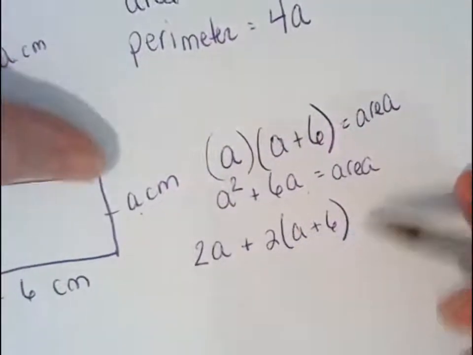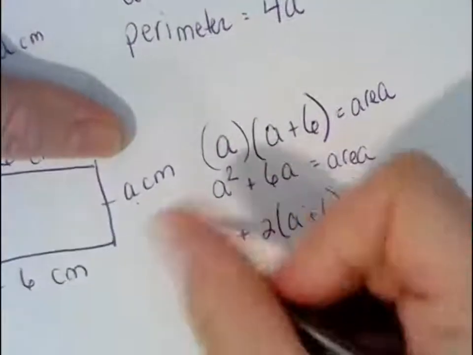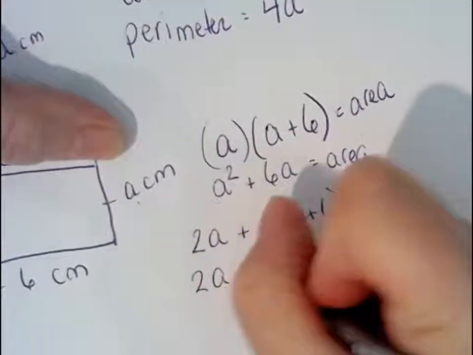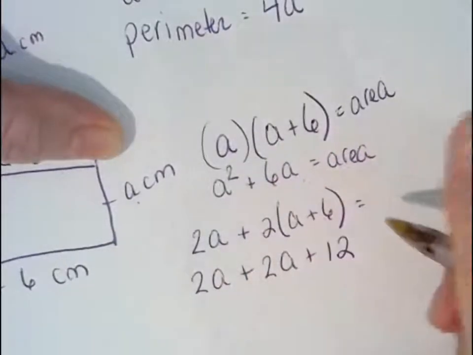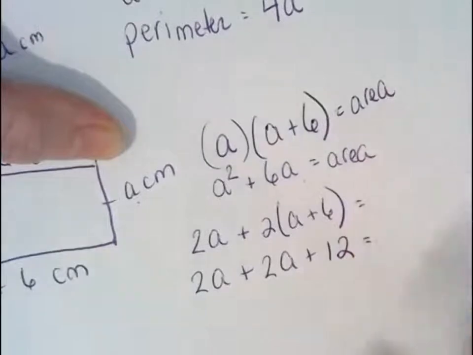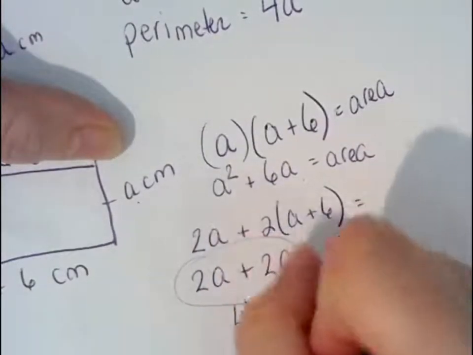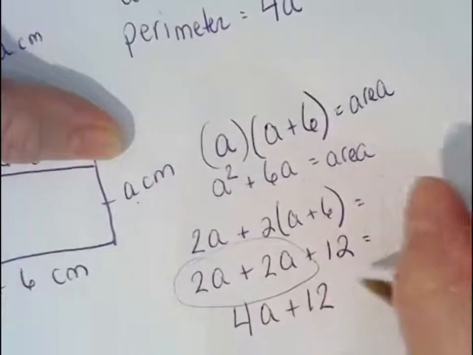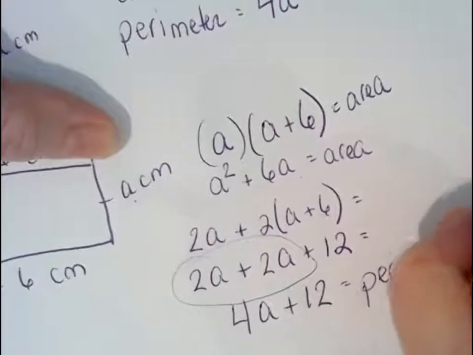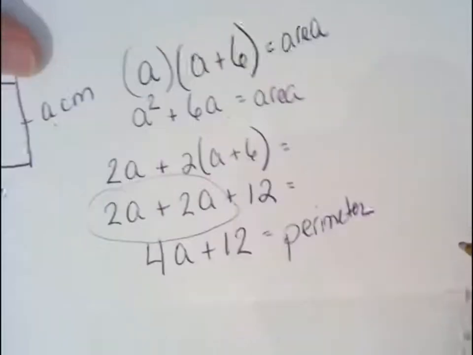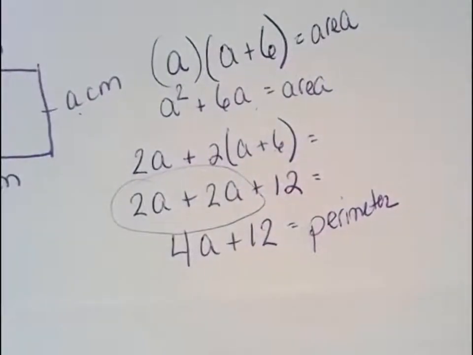So we're going to simplify this also. So that's going to be 2A plus 2 times A is 2A plus 2 times 6, which is 12. And then we're going to simplify that even more because we can combine our like terms. 2A plus 2A is 4A plus 12. So 4A plus 12 is our perimeter of the rectangle. Okay? And that's it.